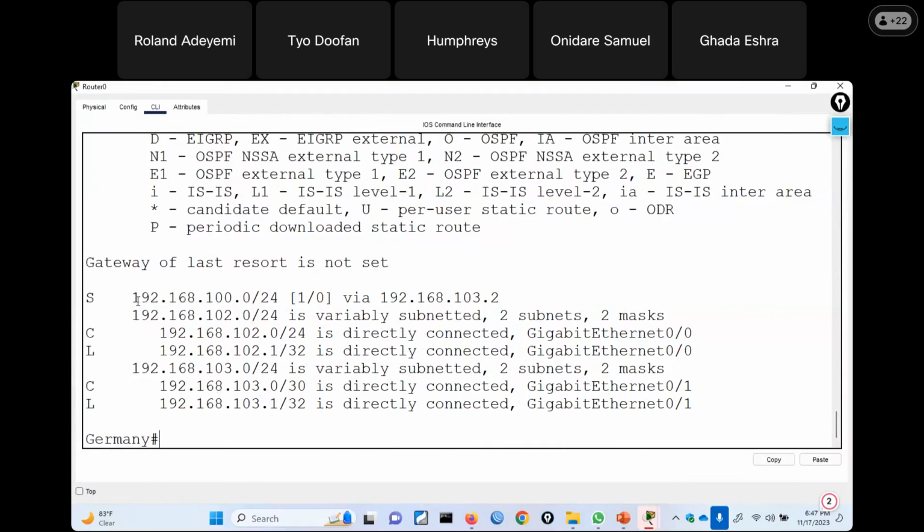Okay. We are pointing to 192.168.0/24. Yes. We pointed it to 103.2. That should be correct. Show IP interface brief.